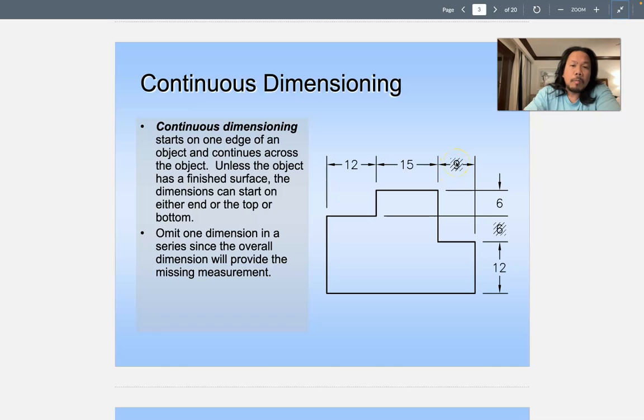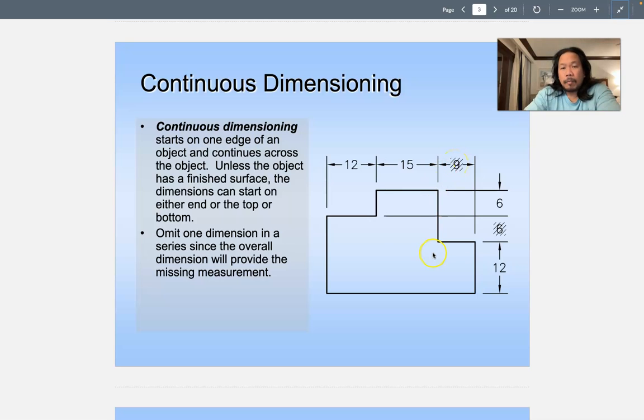The last one should be the total dimension of the object, which is the total length of the object. So from the first edge to the fourth edge, there should be a line that goes up here and then up here, and then there should be a dimension, and the dimension would be the total dimension, which is 12 plus 15 plus 9.